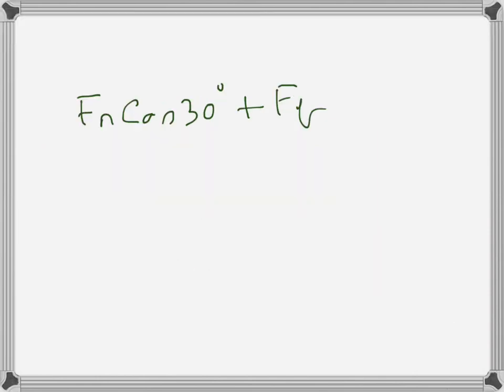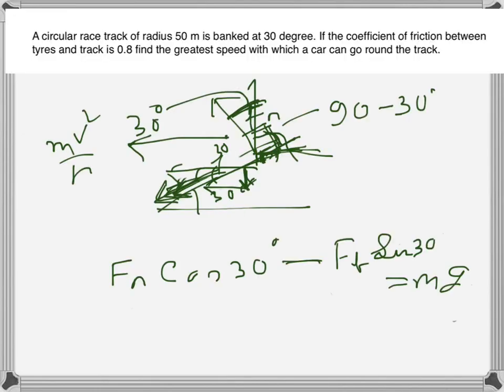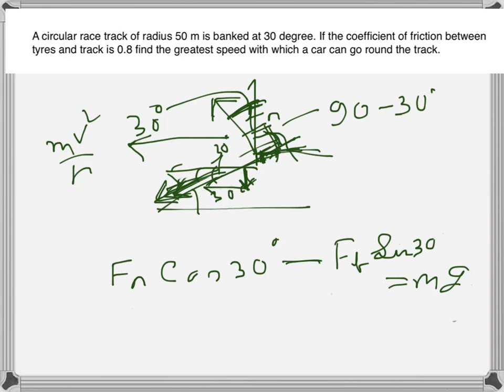So when we take the horizontal components, the normal force Fn makes 30 degrees with the vertical plane, so Fn in the horizontal direction will be Fn sin 30 degrees, and the frictional force is also going in the same direction.